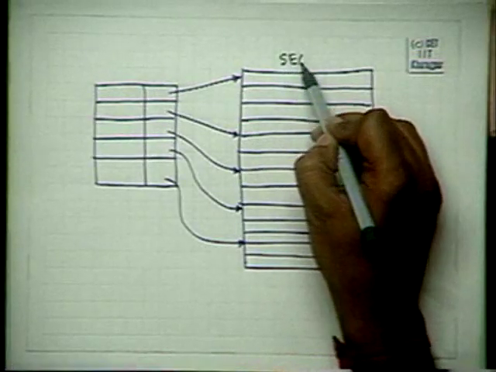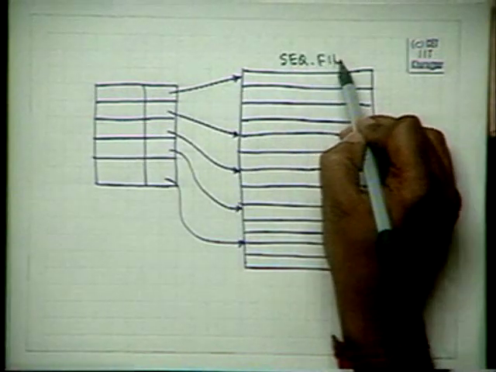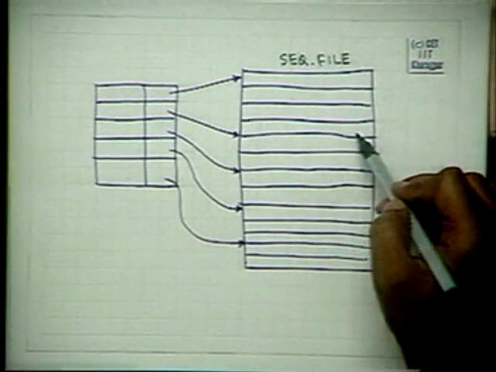Let us take an example. Let this be the sequential file. It has got all the next and available pointers.